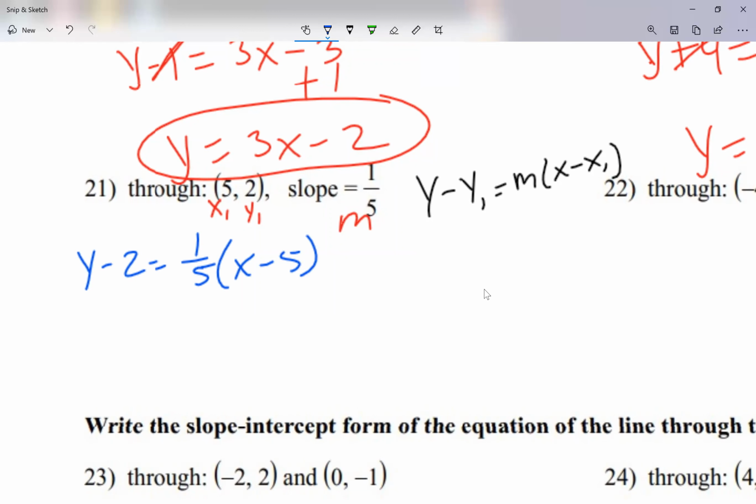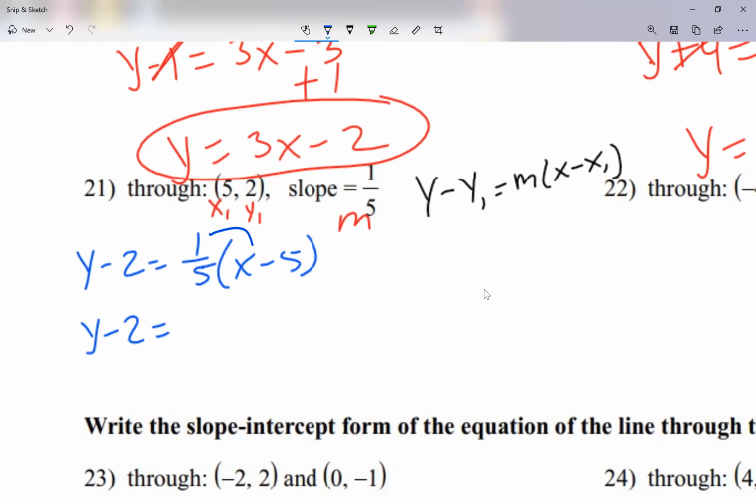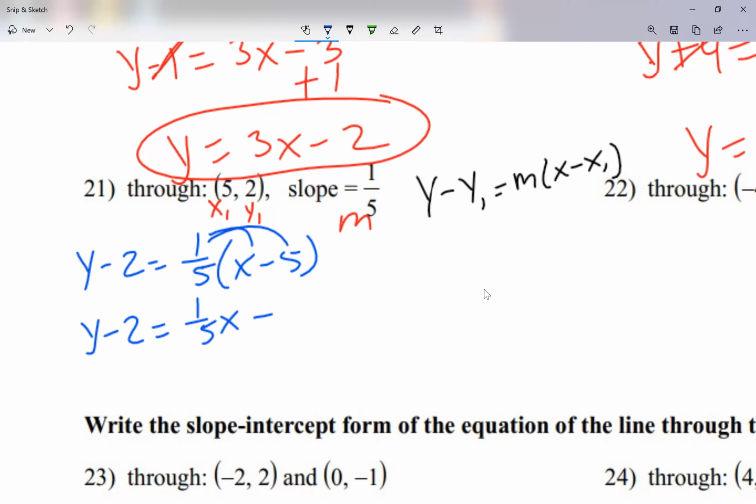Okay, let me get rid of parentheses. So I have y minus 2. When I distribute here, 1/5 times x is 1/5 x. I know there's a minus. Now 1/5 times 5. Okay, I can easily say that's a 1, but let me show you guys how. Because I'm thinking 1/5 times 5/1.